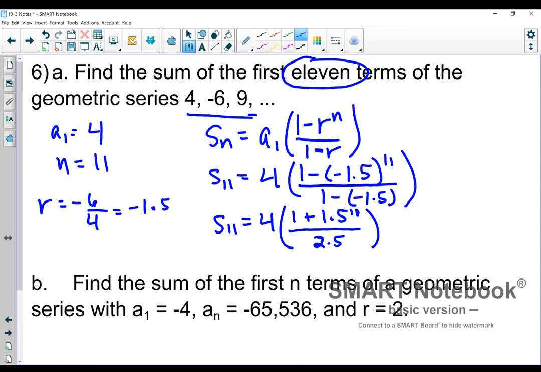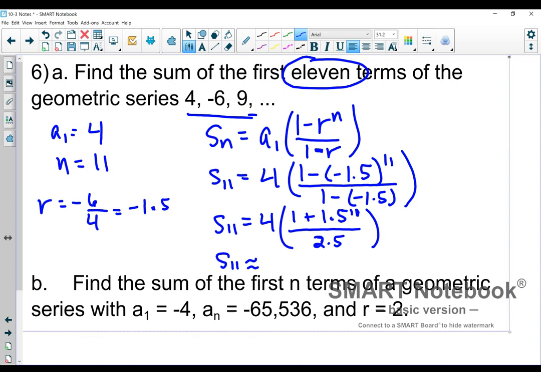So now that I have simplified how to put this into my calculator, I don't have to have as many parentheses. I am going to go ahead and just calculator it at this point because I know that 1.5 to the 11th is not going to be a nice, neat number. I'm going to have a decimal anyway. And I get approximately 140.